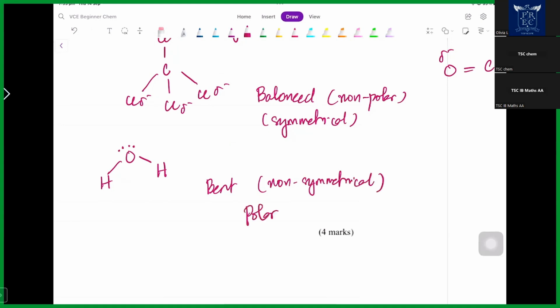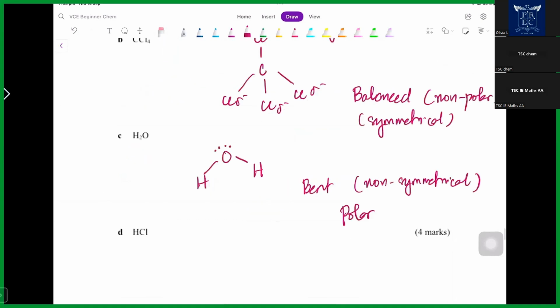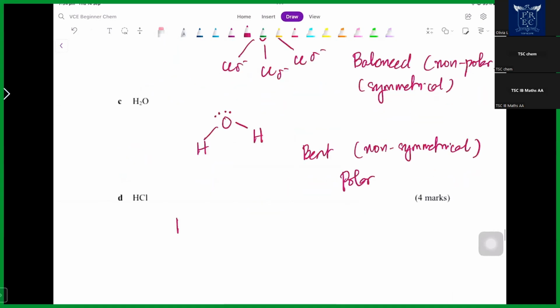And HCl will be non-symmetrical also. Minus and plus. So it's polar. So they have a permanent dipole.